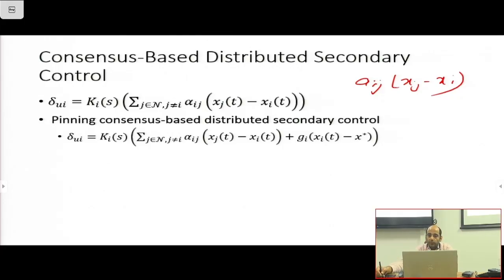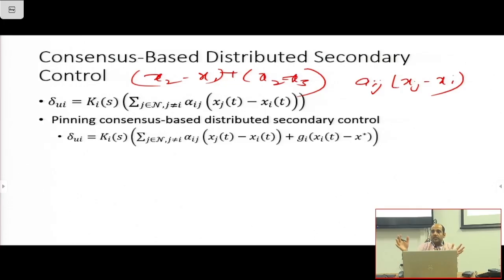So the total error would become x2 minus x1 plus x2 minus x3. Like that, whatever is the number of communications you are receiving, all errors have to be added up. So therefore, there is this summation sign. Clear? So this summation represents all the errors have to be added. You get a resultant error.